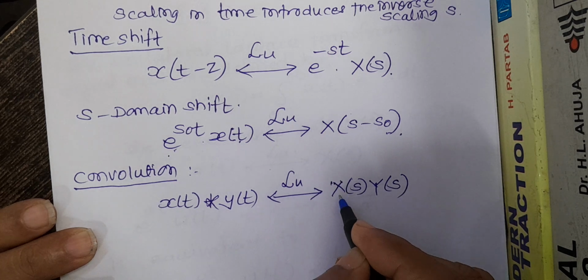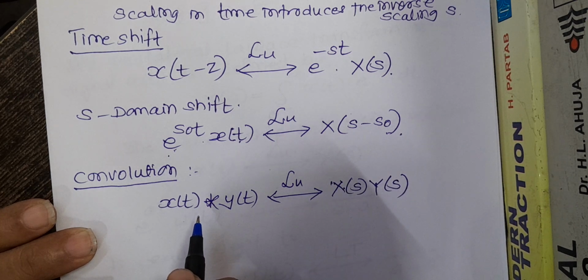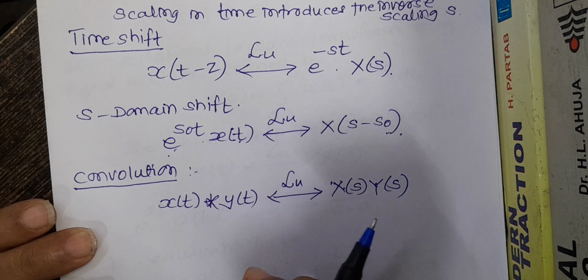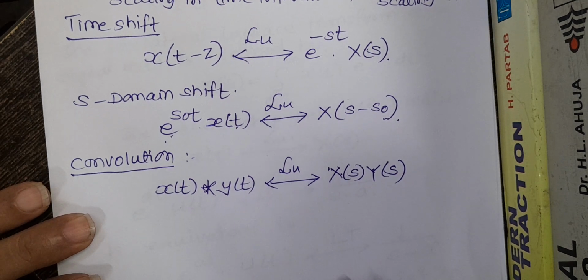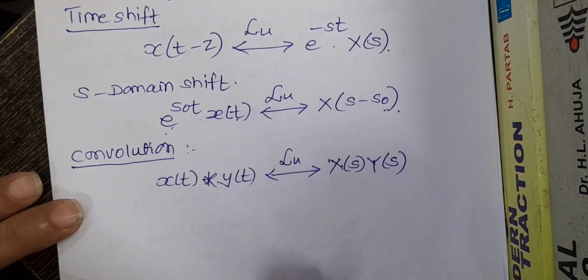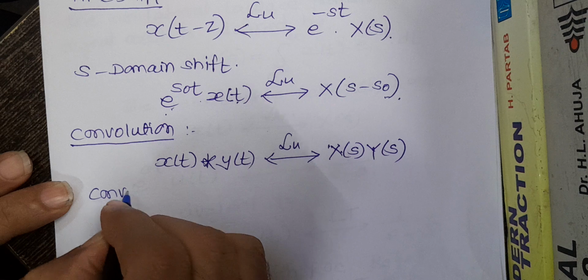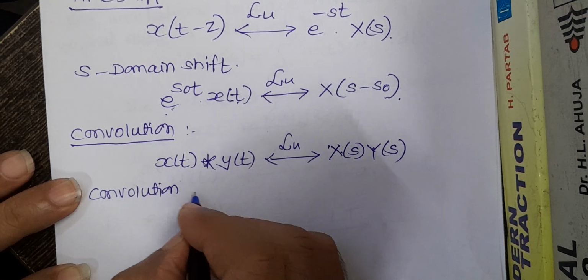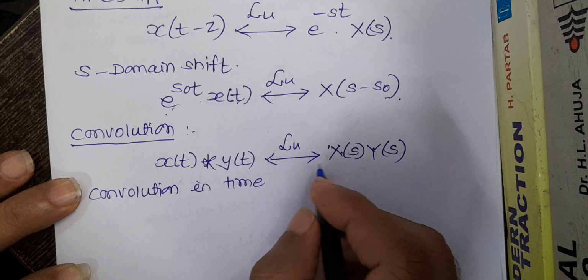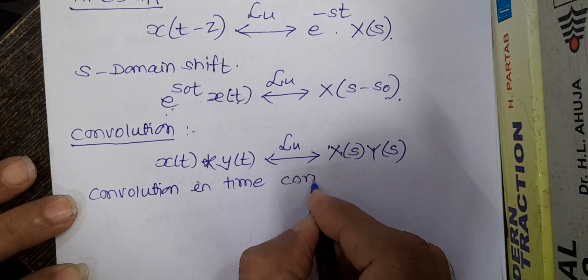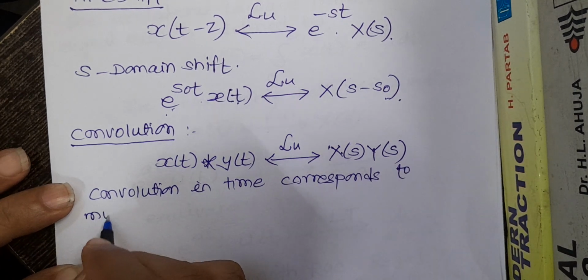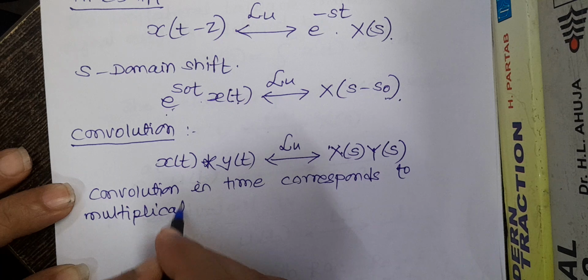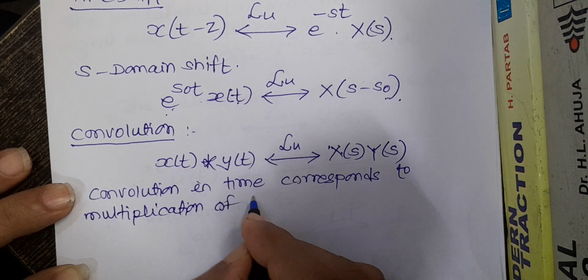There will be the multiplication of the Laplace transform if there is a convolution in time, and this property only applies when x of t is equal to 0 and y of t is equal to 0 for t is less than 0. So we can write here convolution in time domain corresponds to multiplication of Laplace transform.